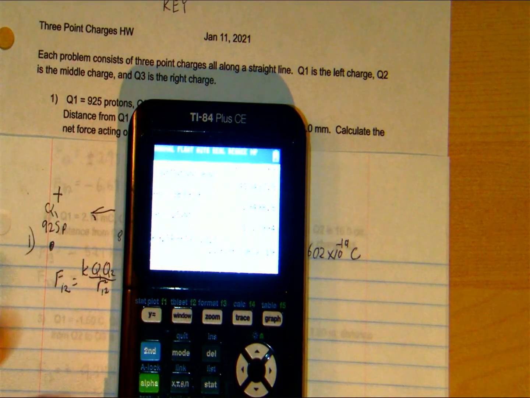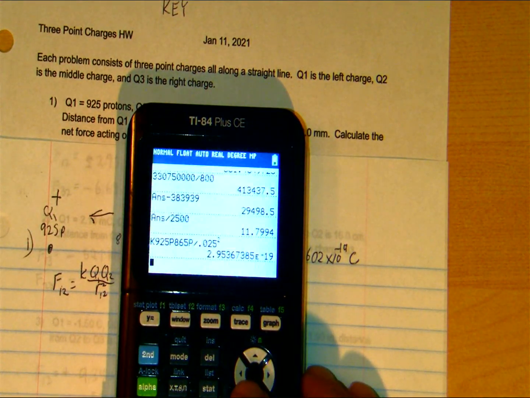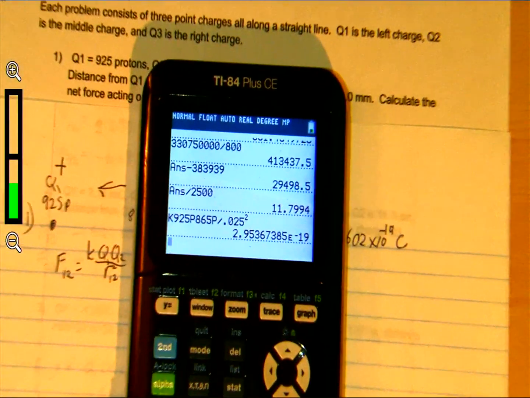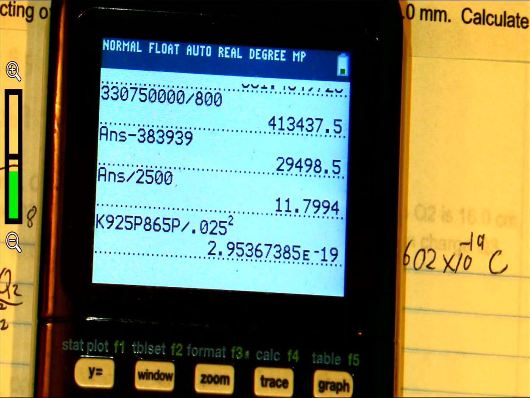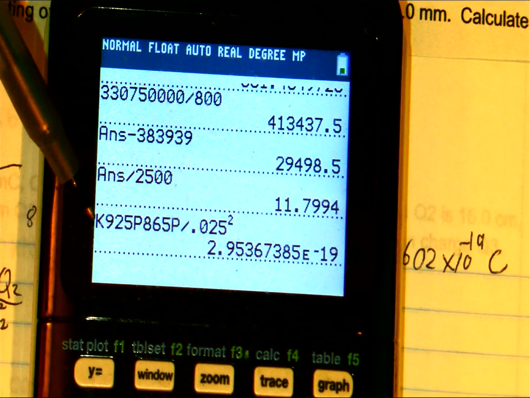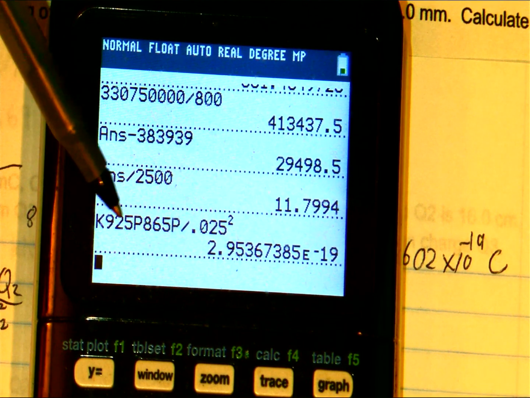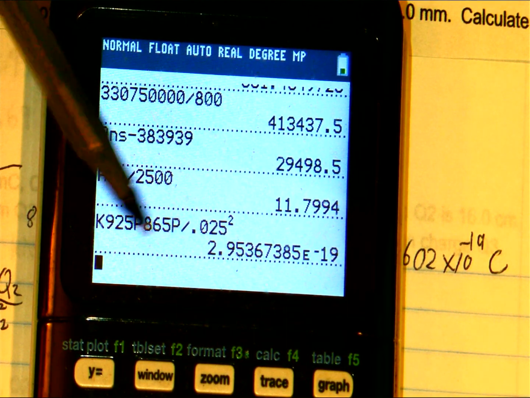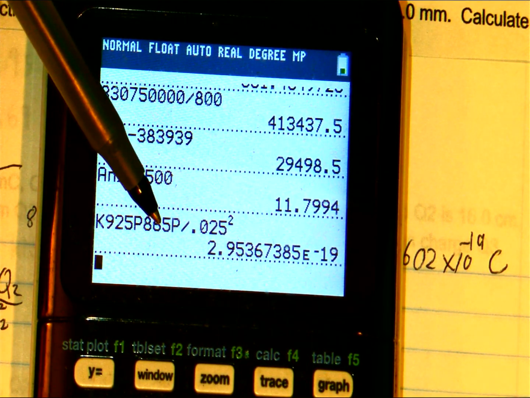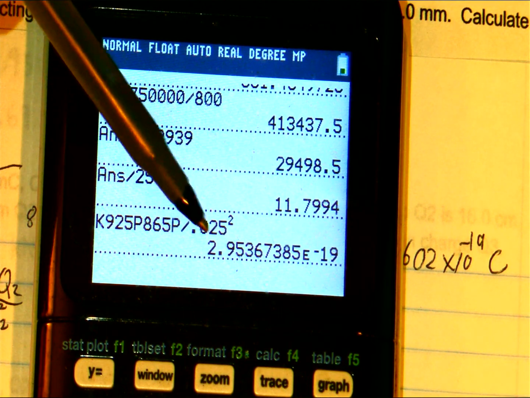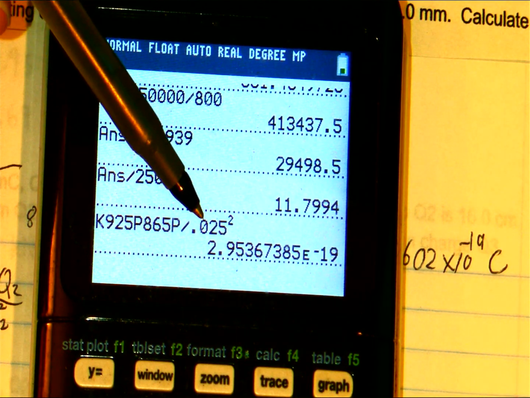All right, well, Coulomb's constant K times 925 protons times 865 electrons divided by 25 millimeters squared.